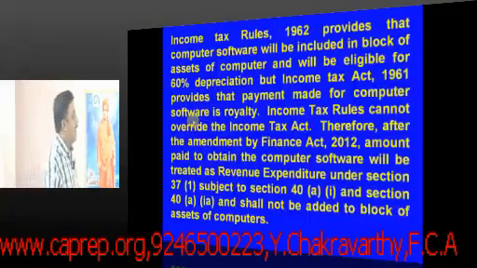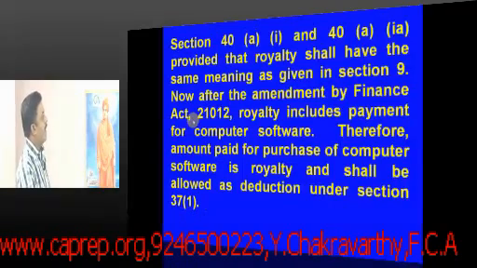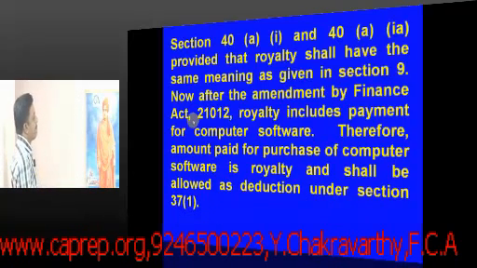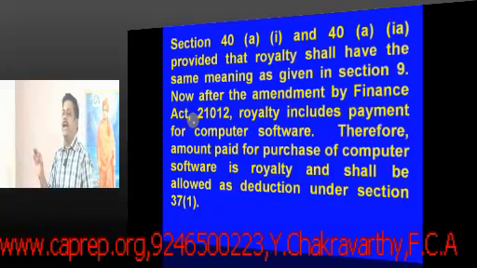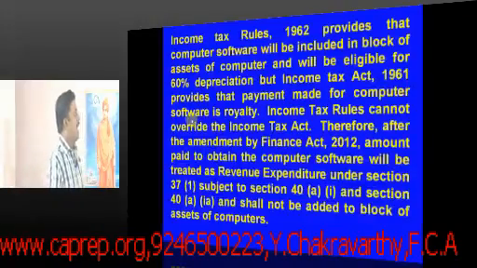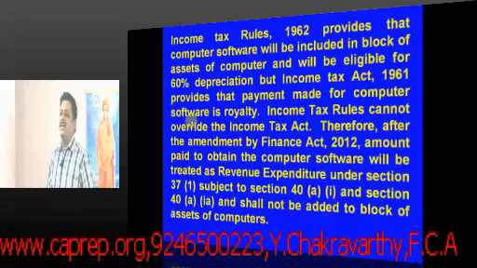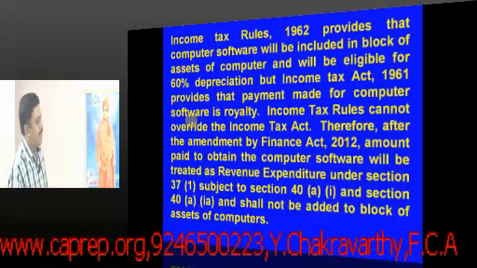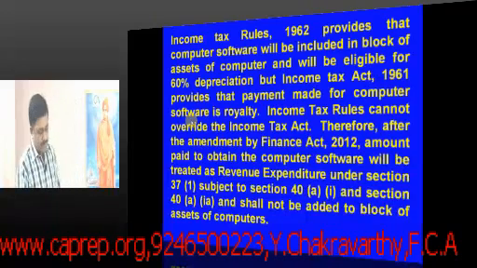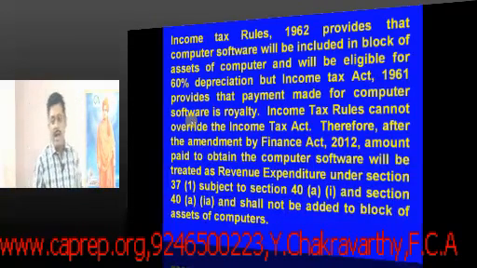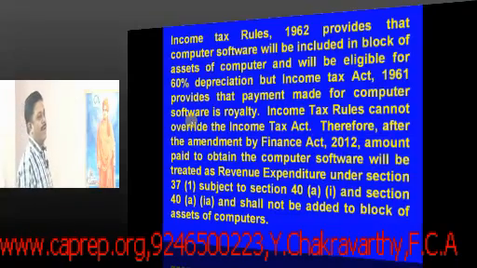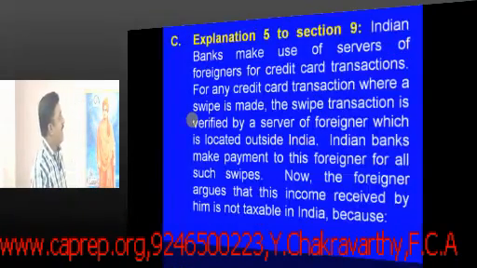Purchase of computer software and payment for the same is now to be treated as royalty and is allowed as a business expenditure under section 37 and it gets disallowed if TDS is not paid.